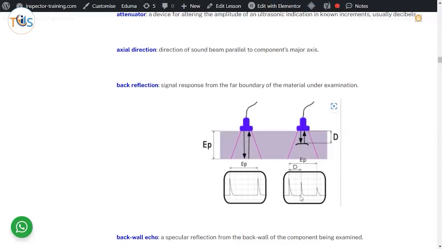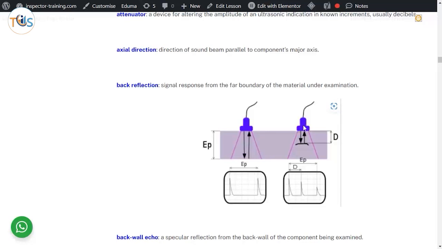And if you want to find the length of that defect, you move the probe from one end, where you get this picture, so it's not actually hitting the defect, you move it this way and bring it here, and you keep getting the defect echo until you reach the other end, left side to right side.